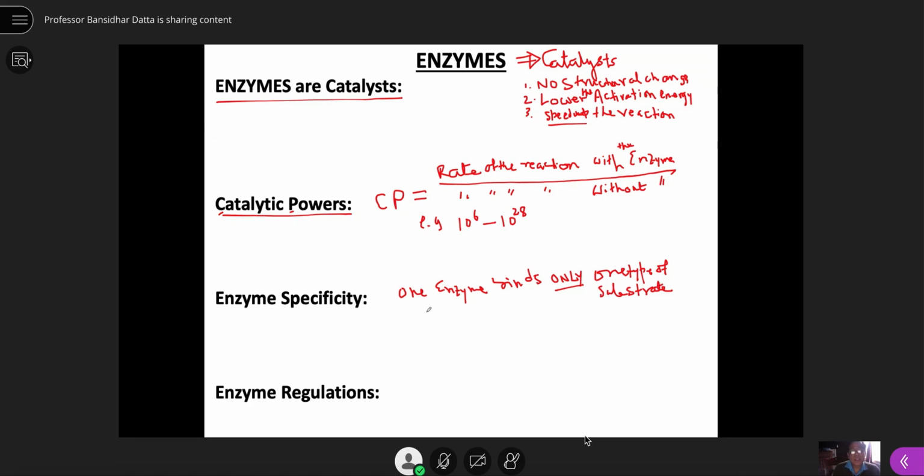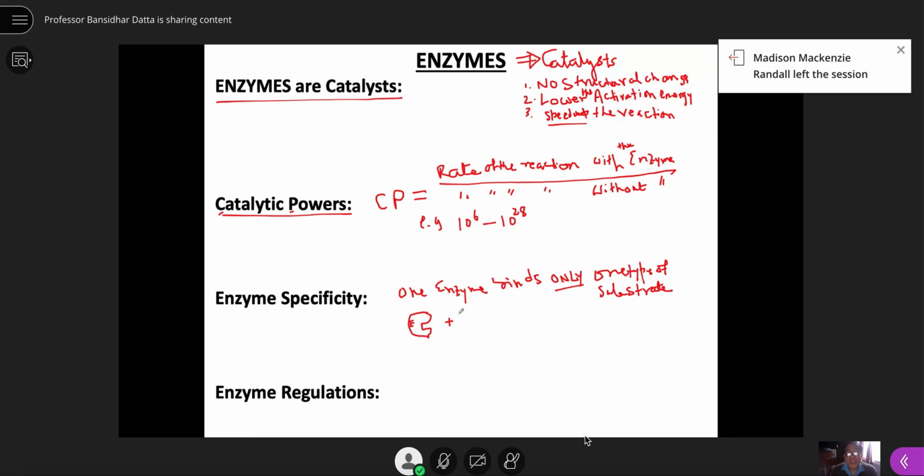For example, let's say we have an enzyme and its three-dimensional structure looks like this. This is the enzyme we call E, and this cavity that you see, the hole, is the substrate binding site. So let's assume we have different types of substrate.